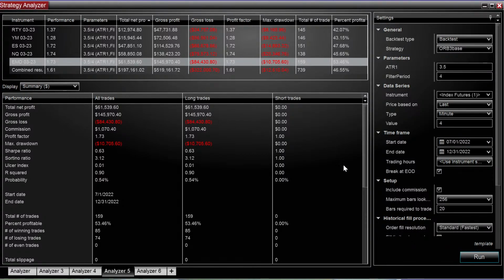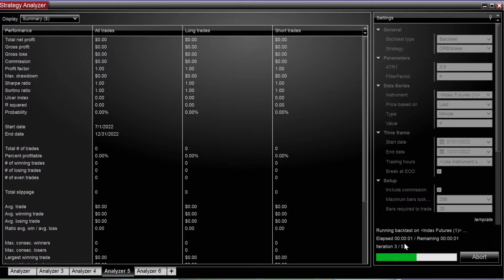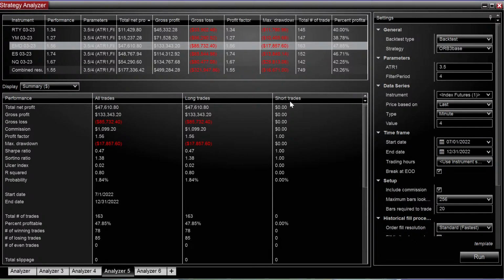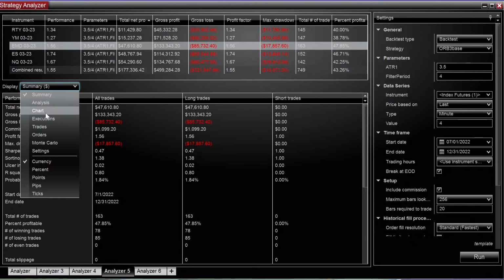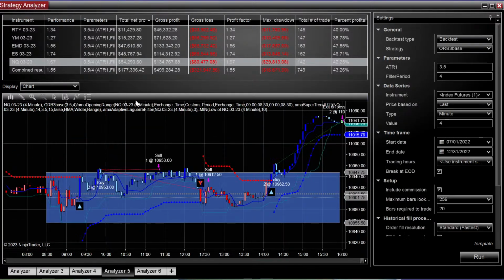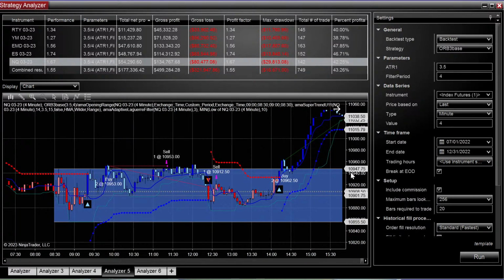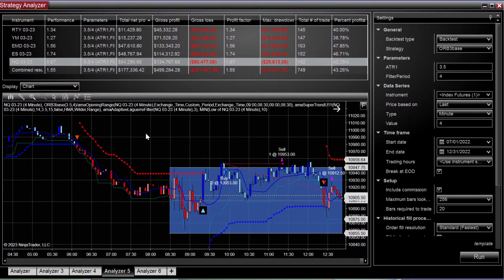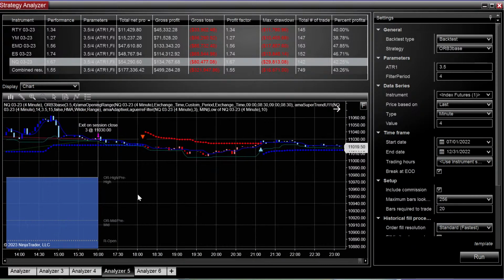Yeah. So let's test this out real quick, and let's make sure it's operating correctly on the chart. And so we got less profit and less drawdown. Let's try to find a scenario where this is occurring.